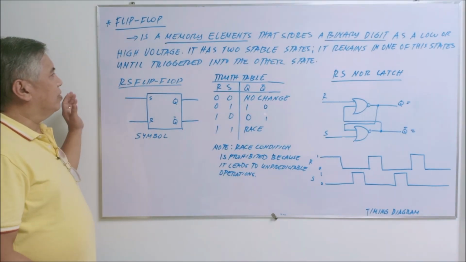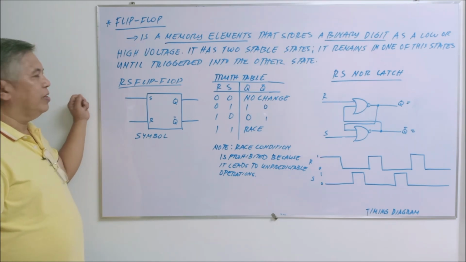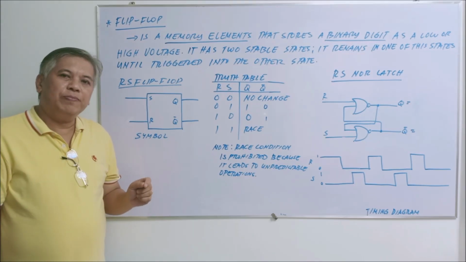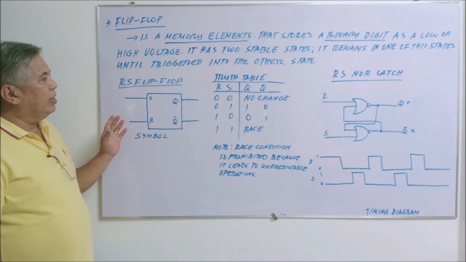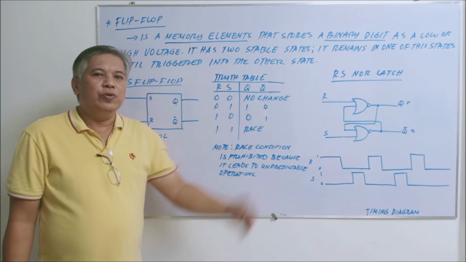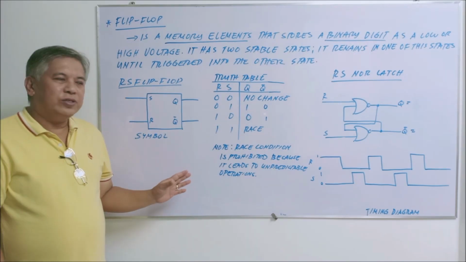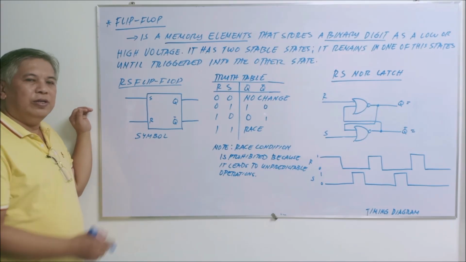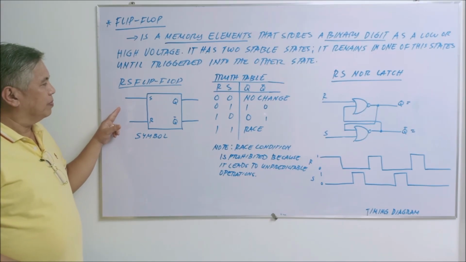No? So, the first type of flip-flop is the so-called RS flip-flop. This was the first flip-flop developed and later on improved into other flip-flops. Okay? So, what we have here is the symbol of an RS flip-flop.